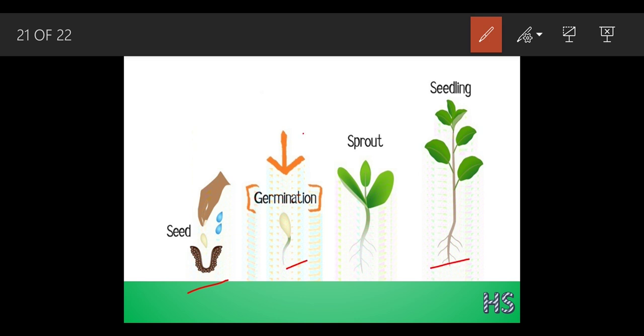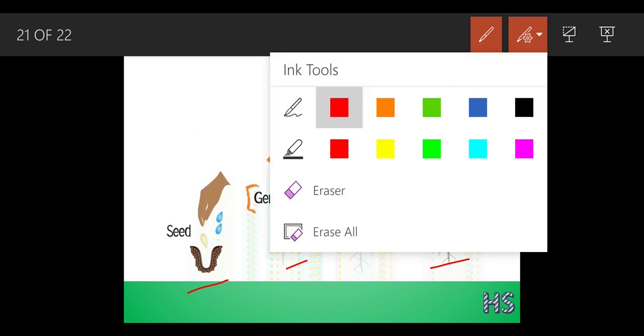Now from this a mature plant will take place, and the mature plant will give rise to a flower. The flower will give rise to the seeds, and this is how the hereditary function, or the next generation, takes place. So this was all about the seed structure. Thank you, students. This was part 2.